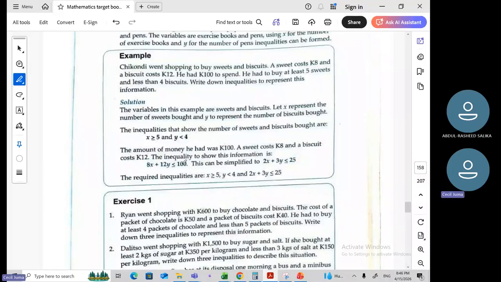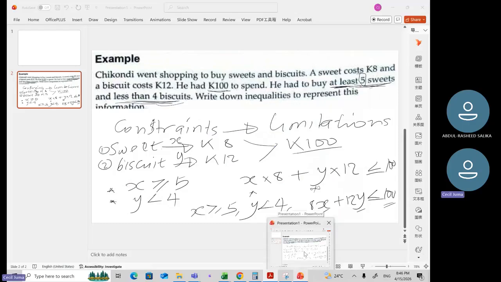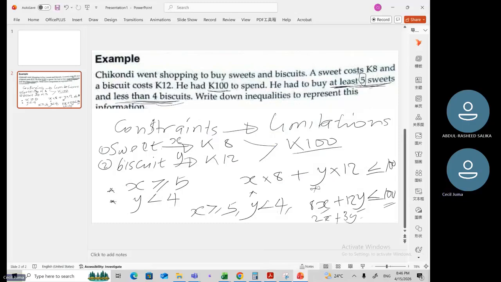And 4 into 100, it will be 25. So that's just a simplification. So you can say there it will be 2x plus 3y less than or equal to 25.